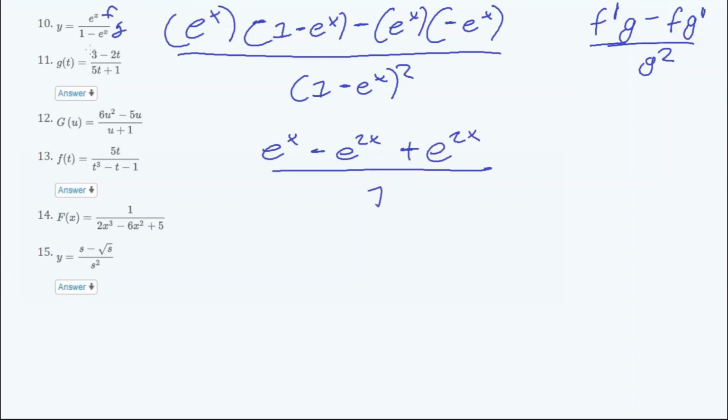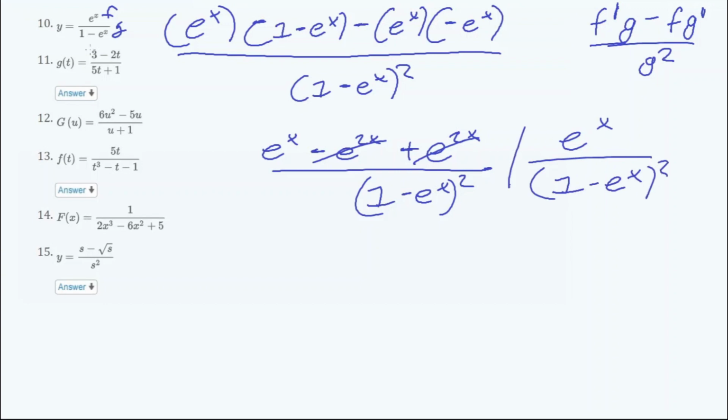And we're going to have 1 minus e to the x squared. And you can see we have like terms on the numerator, negative and then a positive, so we just cross that out. Our final answer will be e to the power of x over 1 minus e to the power of x squared. And that will be our final derivative.